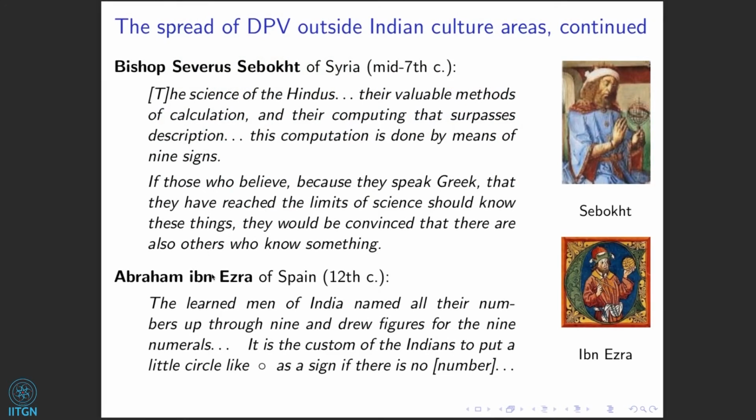We see a similar reference to this several centuries later from the astronomer Abraham ibn Ezra of Spain in the 12th century, discussing what the learned men of India did to name all their numbers up to 9 and drew figures for the 9 numerals, and then a little circle like that as a sign for a place where there was no number.